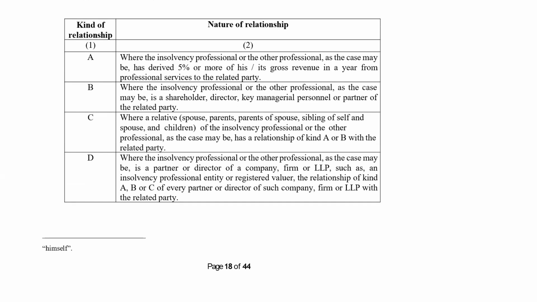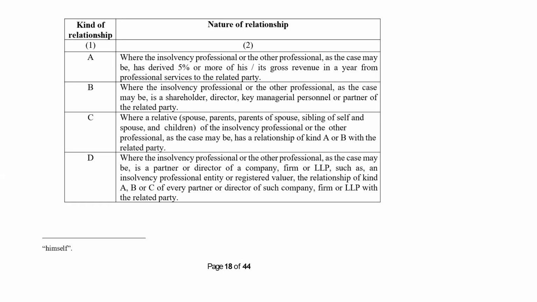B. Where the insolvency professional or other professional, as the case may be, is a shareholder, director, key managerial personnel, or partner of the related party. C. Where a relative or spouse, parents, parents of spouse, sibling of self and spouse, and children of the insolvency professional or the other professional, as the case may be, has a relationship of kind A or B with the related party.